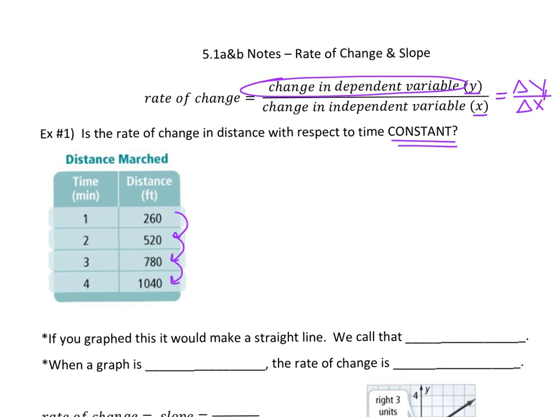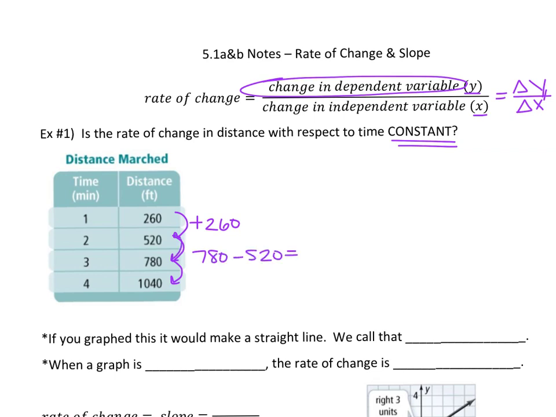So go 520 minus 260, and we had to add 260 to get from 260 to 520, okay? Then you go 780 minus 520.